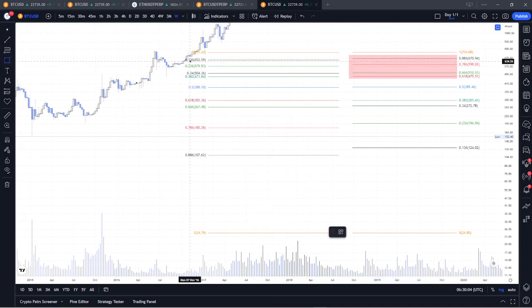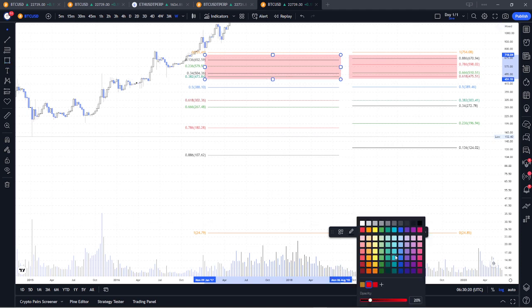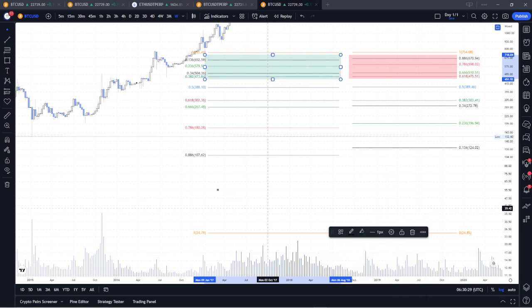But on the negative Fibs, at this top of the range we also have an accumulation. And I want everyone to understand that when we have supply, we also have demand. When we have demand, we also have supply.